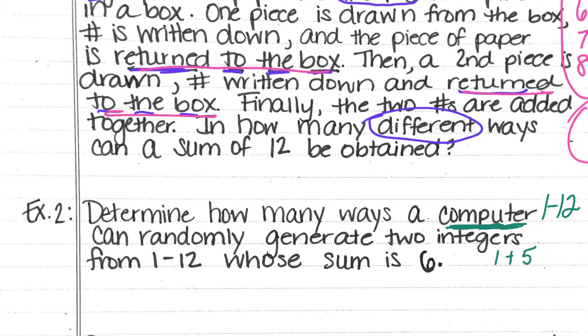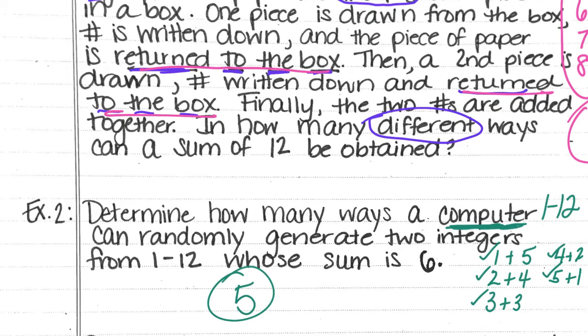So we have to think, can we get 2 plus 4 for sure? Can we get 3 plus 3? Yes. And because it's just a computer that's generating 2 random numbers, we can also have 4 plus 2 and 5 plus 1. So there are 1, 2, 3, 4, 5 ways in which a computer can randomly generate 2 integers.